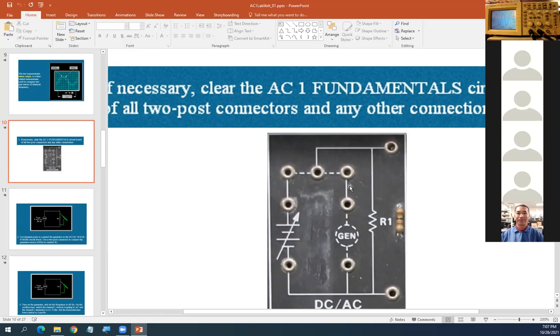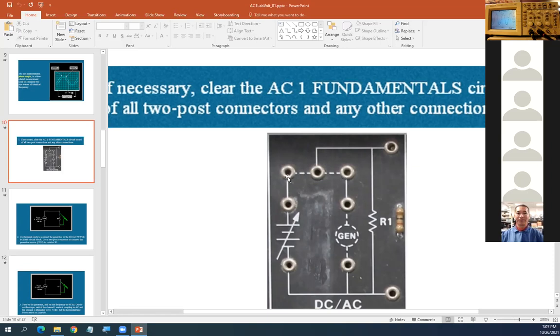So the sideway will go here, going out. That means they want you to build your circuit. Very good design. Either you're using DC power supply or generator, cannot both.